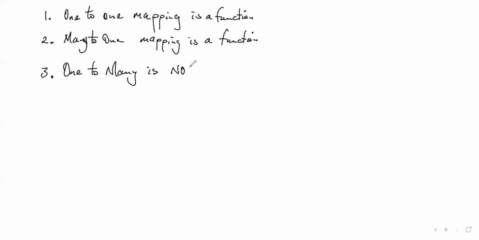I'm writing it one time. And when I say one-to-one, one-to-one means domain to range. Many-to-one, domain to range. Now we're going to talk about one domain to many.